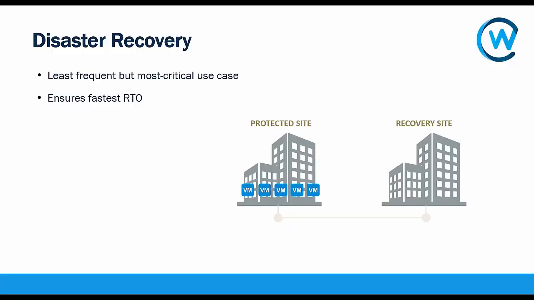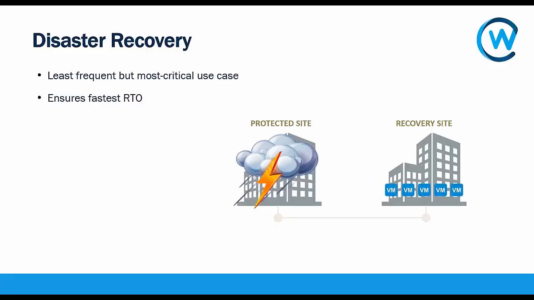I can do that and get an accurate RTA for how long that's going to take. What this slide illustration shows is a disaster at our protected site. I think that's supposed to be a lightning strike. The VMs would then be recovered on the recovery site, and that effectively becomes production. So we would run our workloads from that secondary site whilst we dealt with the problems at the production site.